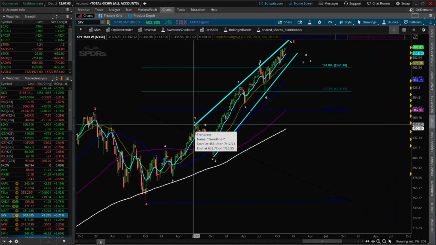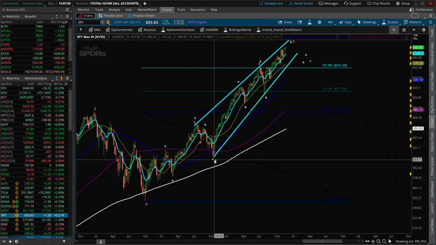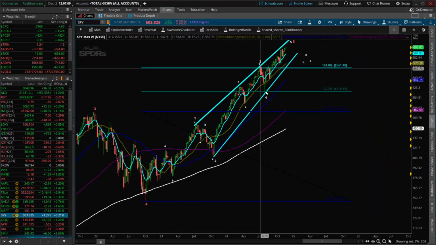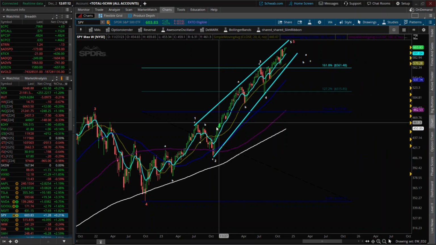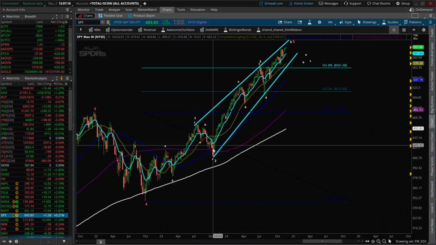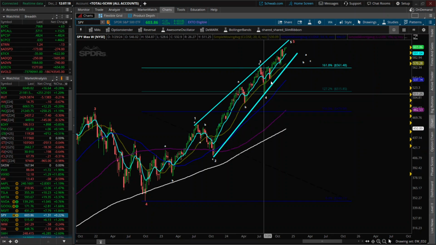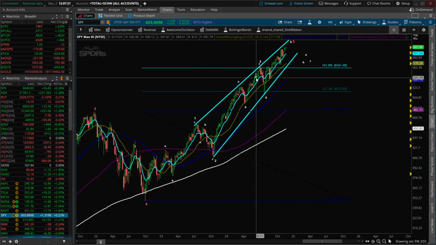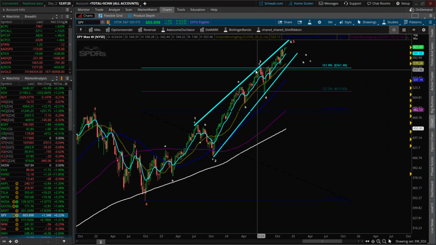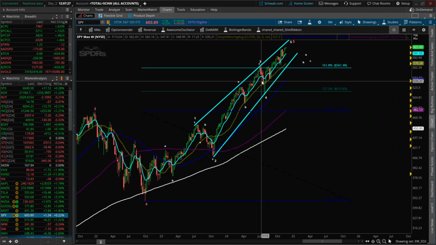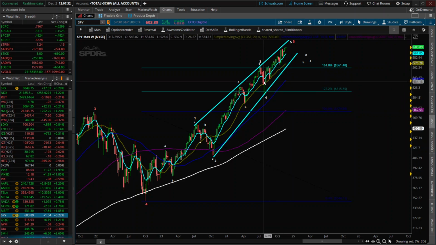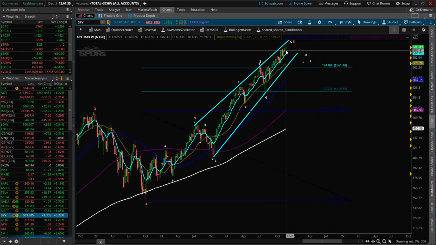ABC for 1, ABC for a nice sharp 2, ABC for a 3, and you say, well, this is a sharp move as well. Well, I actually would argue that this is the sharp zigzag and this is the flat pattern, where this took more time, that was really, really fast with the yen trade, the carry trade. ABC for 3, ABC for 4, and now the big question here is, what do you call this?